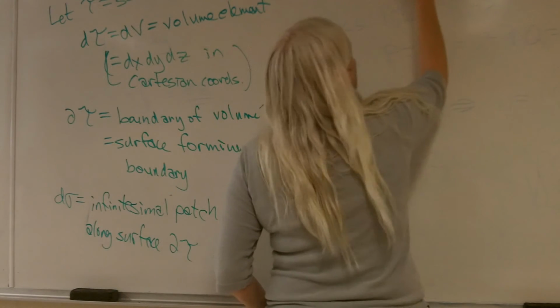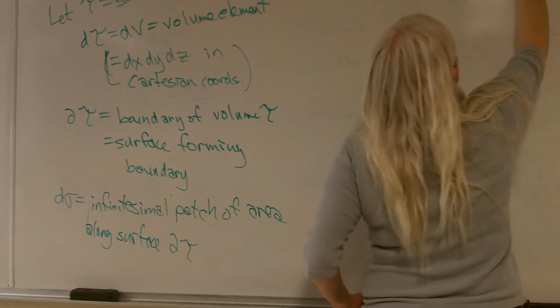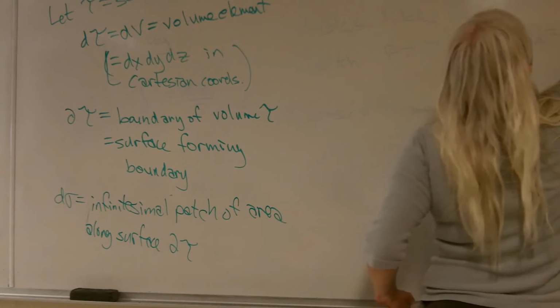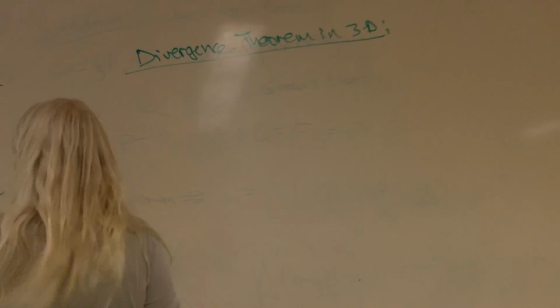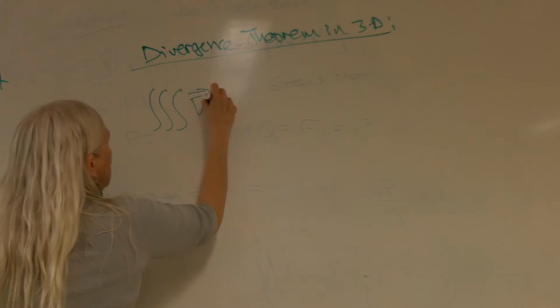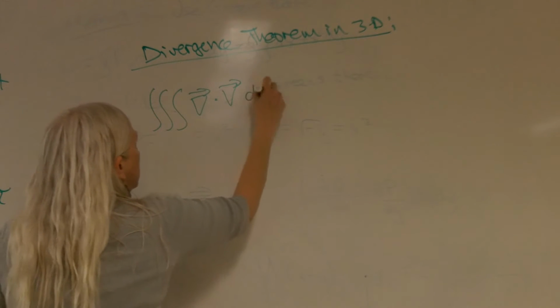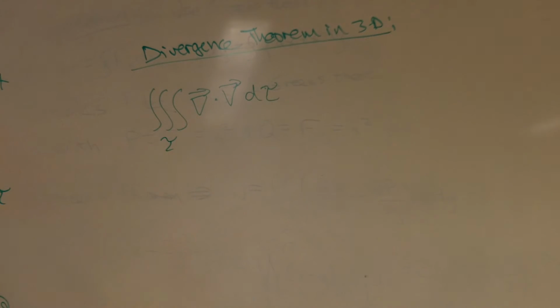So anyway, the divergence theorem in three dimensions then: on the left-hand side, we have a triple integral of the divergence of some vector field V integrated over volume, d tau, with whatever appropriate limits of integration describe the volume that we want to integrate over, whether that's the volume of a sphere or a cube or a cylinder, for example.